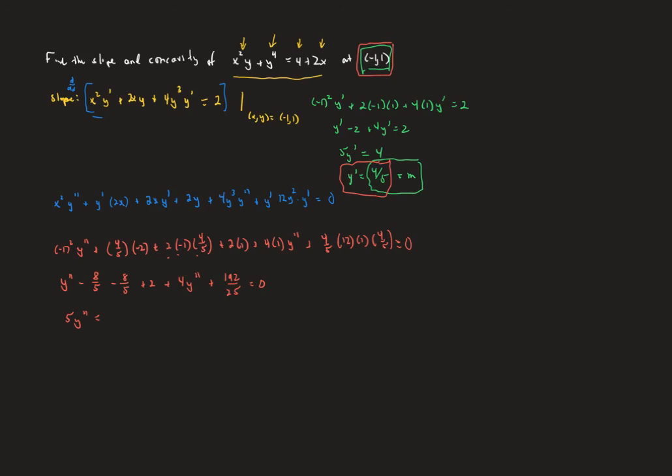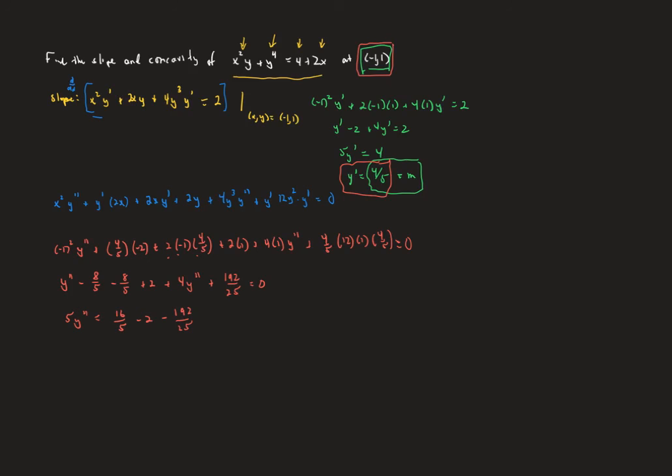And on the other side, we're going to get, let's see, our negative 8/5 and another 8/5 makes negative 16/5. Adding that to the other side is positive 16/5. We're going to have to subtract that 2 and subtract the 192 25ths. So I'm going for the easy way out here.